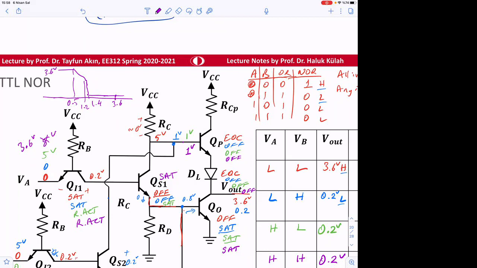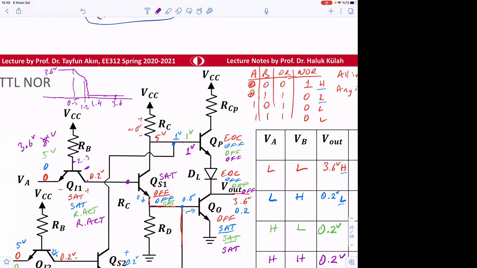Okay, so for convenience and for simplicity, I said 5 volt. I mean, you can verify that this is in reverse active even for that case, because for 3.6 volts, here, this junction, you can check that's not going to be in saturation. For that case, this is going to be 0.8, this is going to be 1.6, and then it's going to be 2.3.